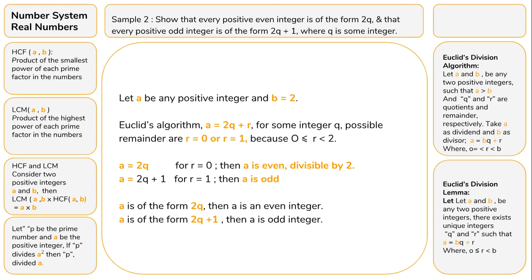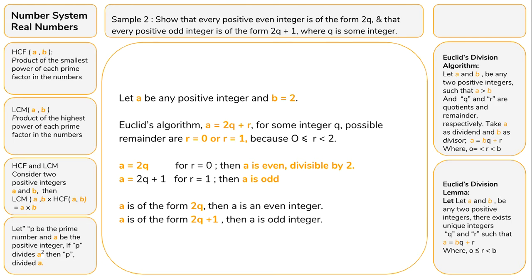Euclid's algorithm: a equals 2q plus r, for some integer q, where the possible remainder r equals 0 or r equals 1, because r is less than 2. For r equals 0, a equals 2q, then a is even, divisible by 2. For r equals 1, a equals 2q plus 1, then a is odd.